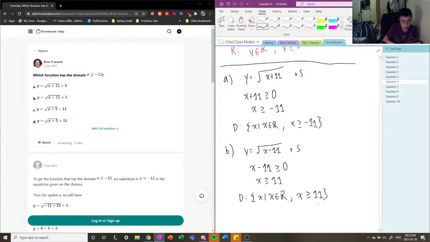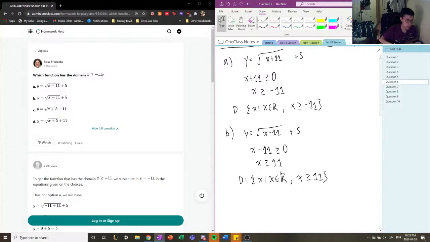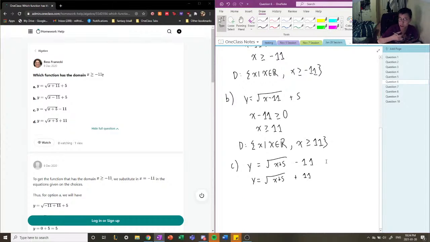Okay, so let's quickly evaluate the last two functions here because they're kind of the same. So we have y equals the square root of x plus 5 minus 11, and the other one is y is equal to the square root of x plus 5 plus 11. So you see here, we're not even considering these constants because they don't really dictate our domain. But our question again is, what values of x are valid for the square root?